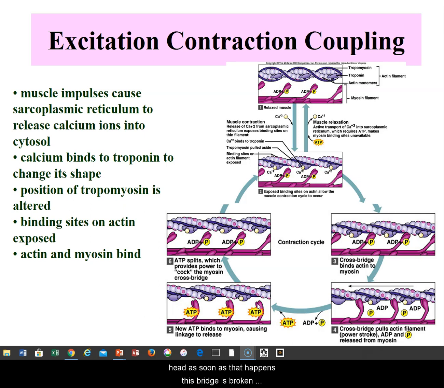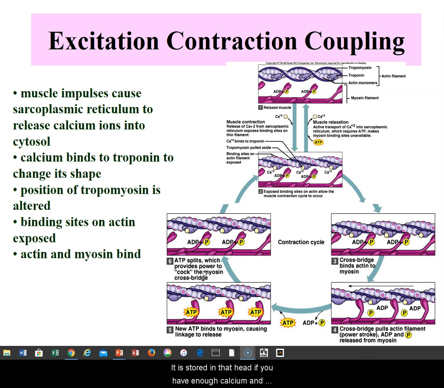As soon as that happens, this bridge is broken, this contact is broken here. That ATP will catabolize into ADP and phosphate. The energy is released, so it is stored in that head.